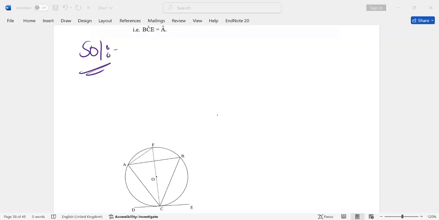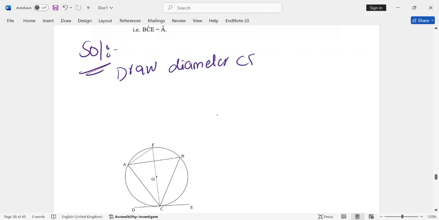Draw a diameter CF, that is the CF, and draw chord BF.